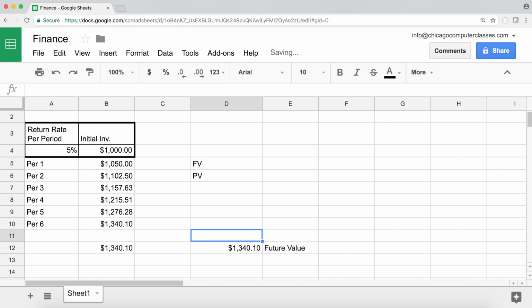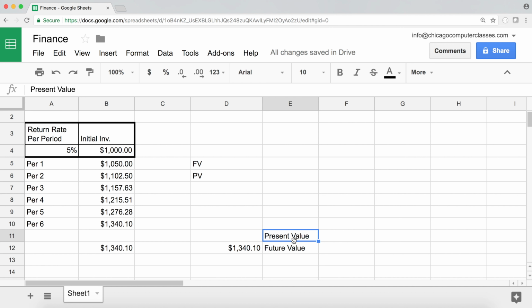So there's also a function called PV in Google Sheets, and that's our present value function. And it helps if you actually type it right. Present value. So what does present value function do?